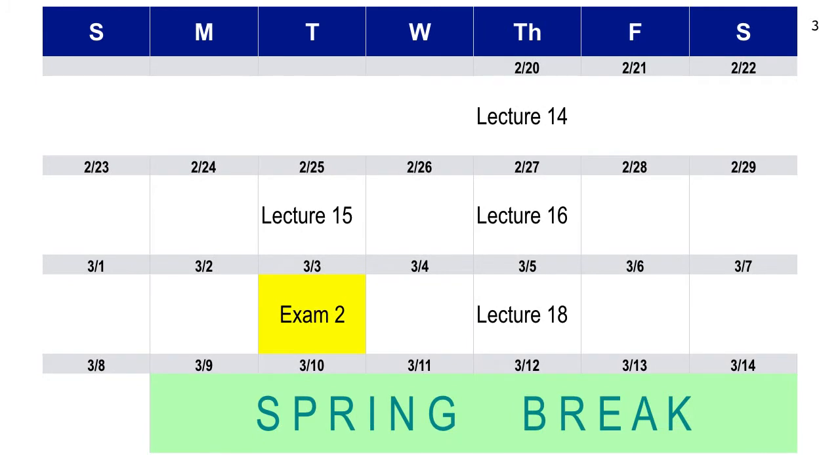Okay, here's our basic calendar for the next few weeks. Here's where we are today, lecture 14. So we have 2 lectures next week, and then the Tuesday after that, on the 3rd of March.